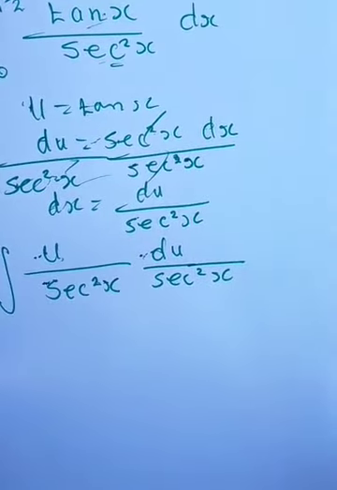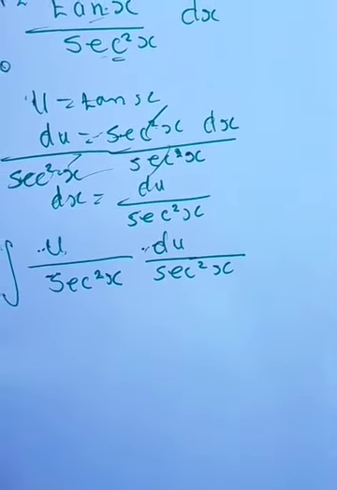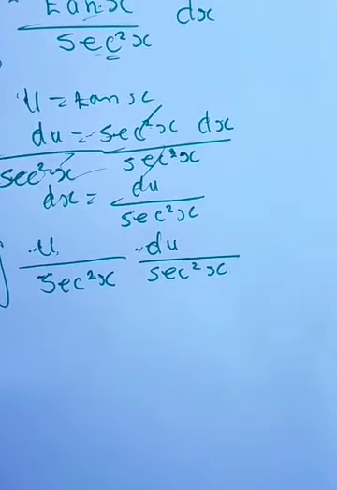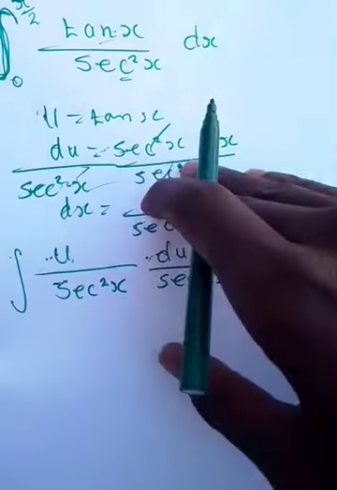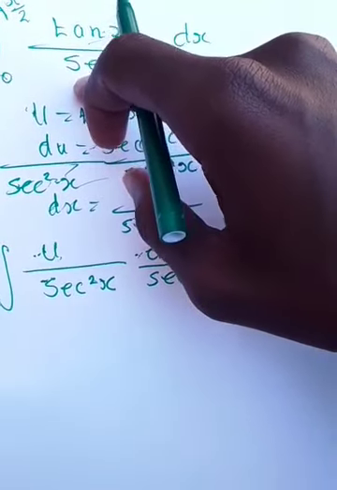Now, there are some situations whereby it might appear like integration by substitution might work. Like in this case, we've confirmed that when you differentiate this one, it's going to give us what is here, right?